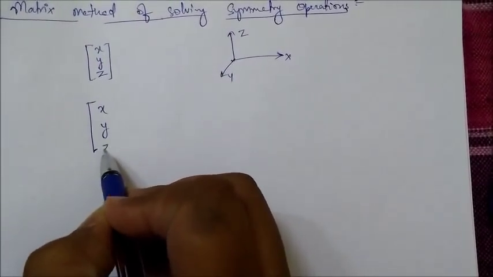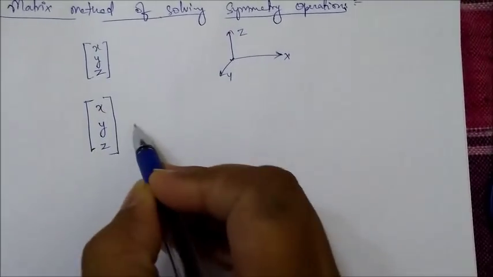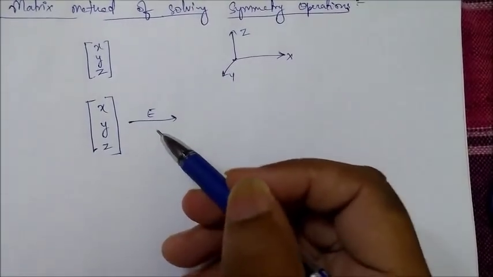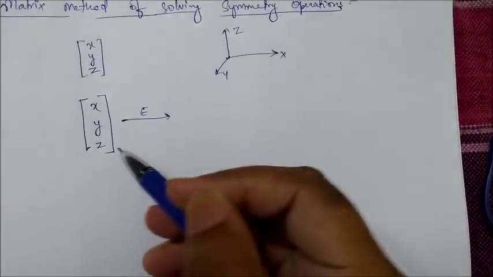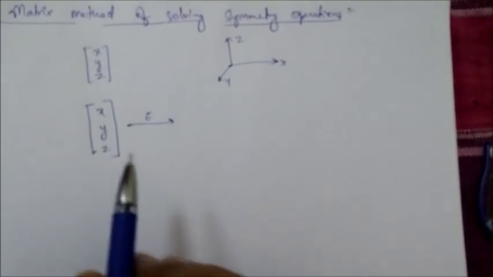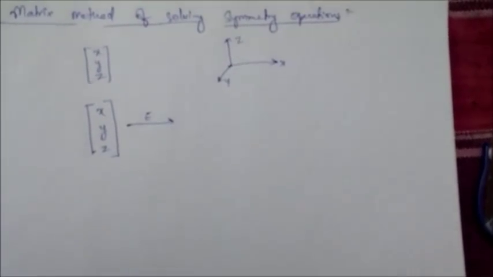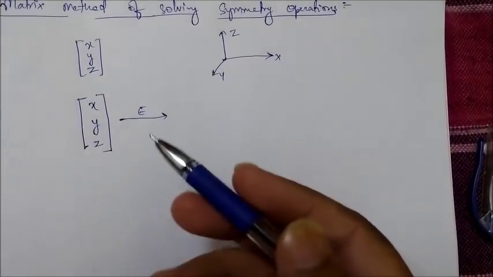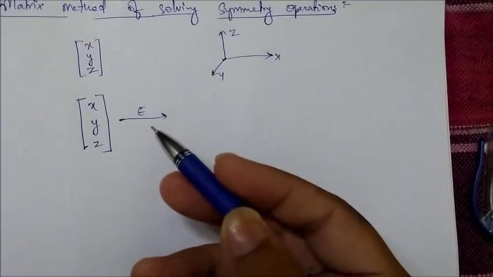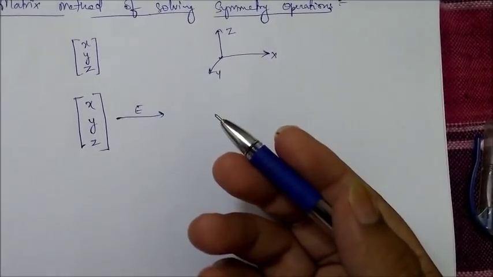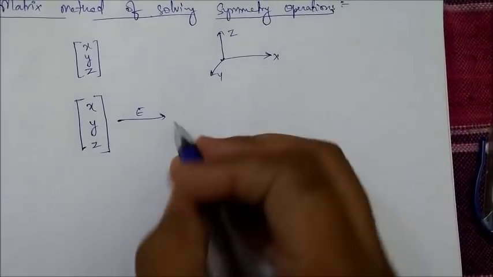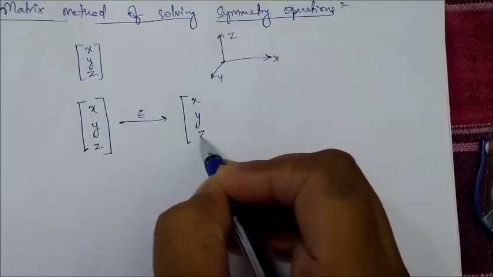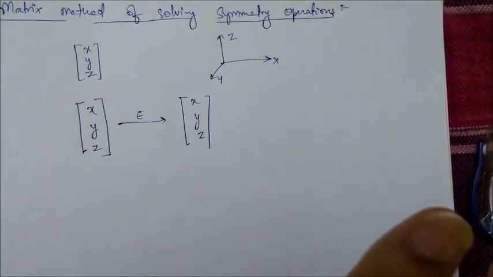If you apply the identity operation to these three axes, nothing will happen to them. Nothing happens to the molecule either; it remains as it is. So the axes also remain as they are, and the final resulting axes will be x, y and z only.